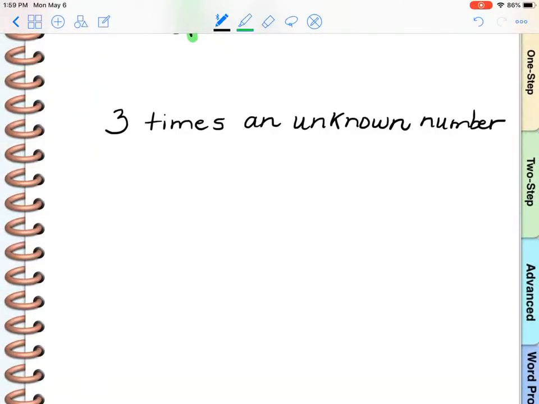Okay. Well, the 3 is not a problem. That's a constant. That's something I recognize no matter where I see it. And an unknown number can be anything that I want it to be. I'm going to use the letter N for number. That's a variable. That varies according to the story that I might be telling.